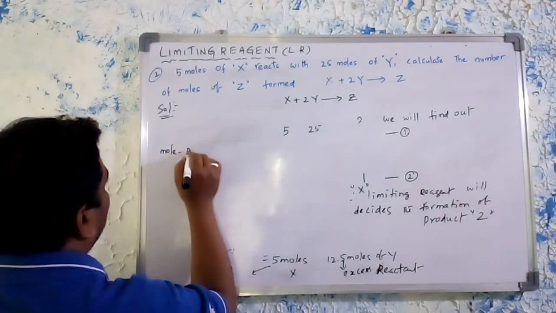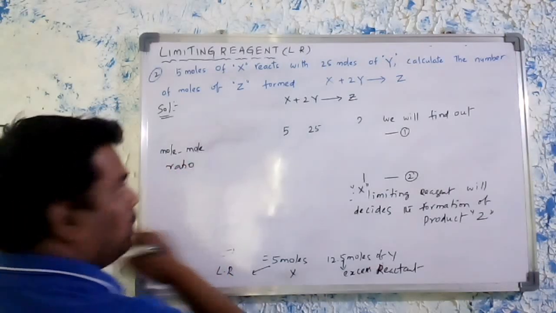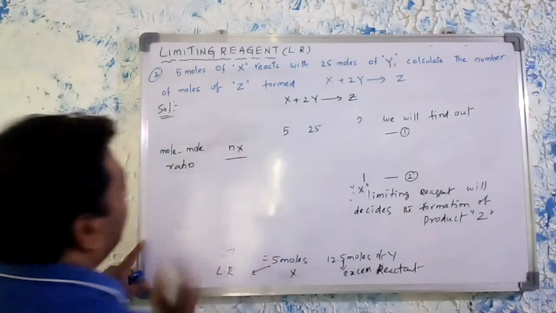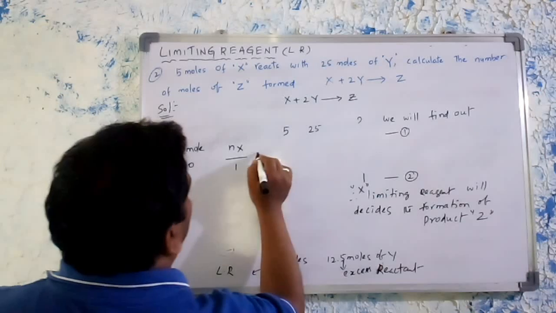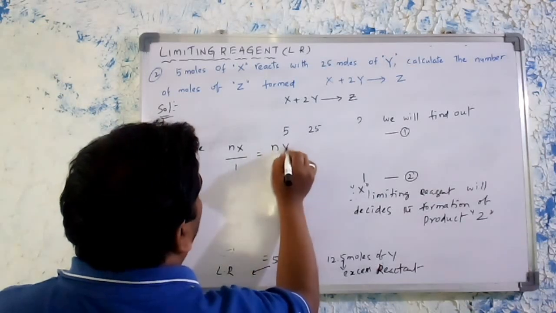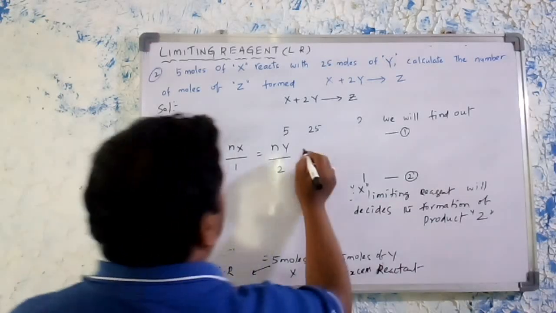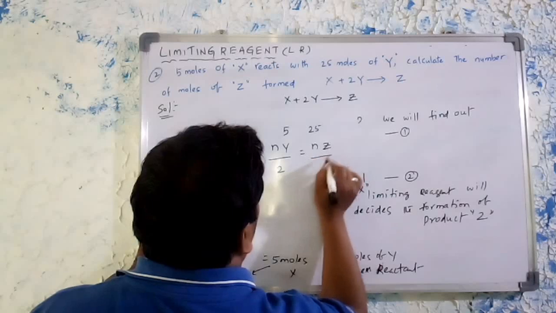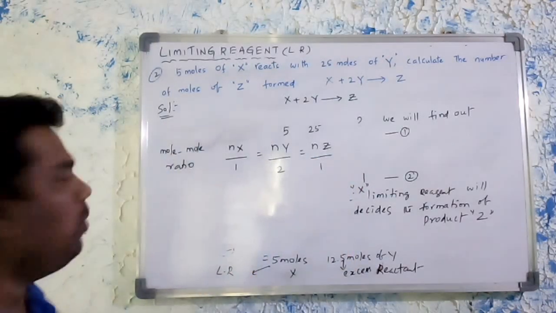That is equal to the number of moles of X divided by 1, which is equal to the number of moles of Y divided by 2, the stoichiometric coefficient, which is equal to the number of moles of Z divided by 1. So this is the mole-mole ratio.